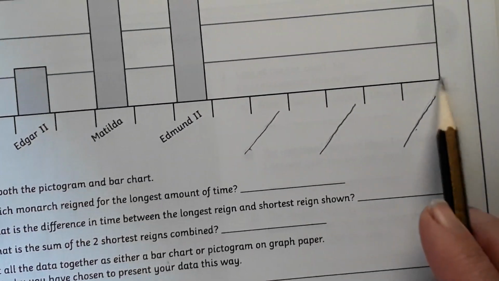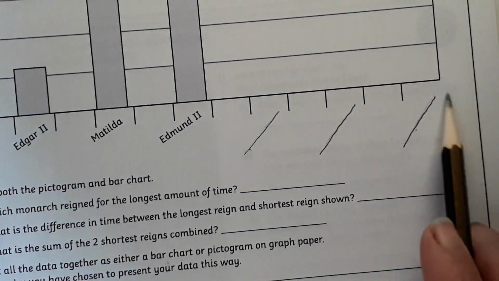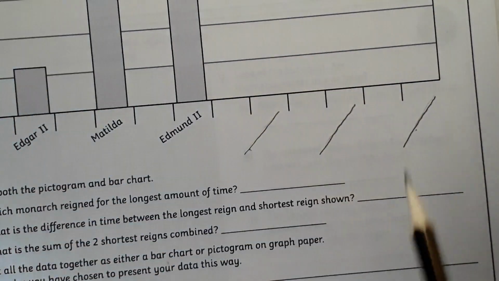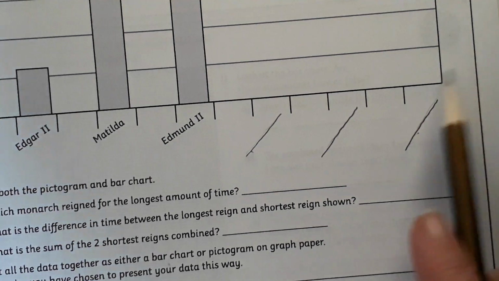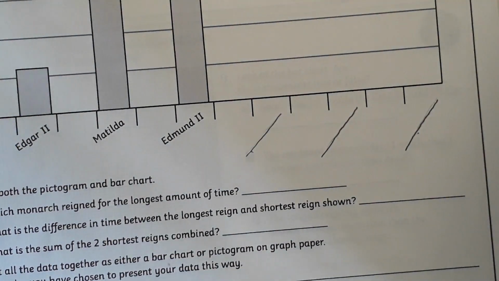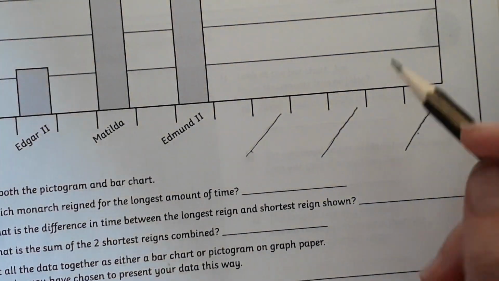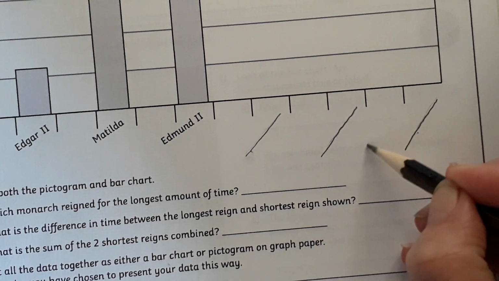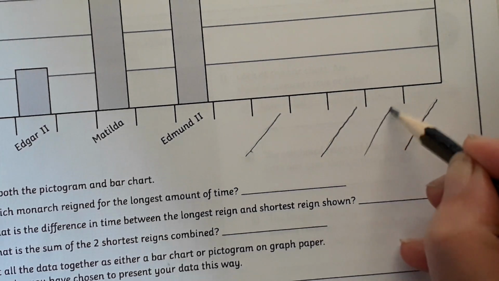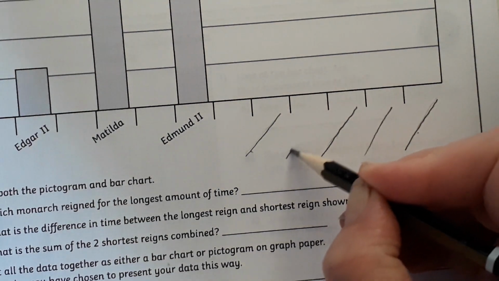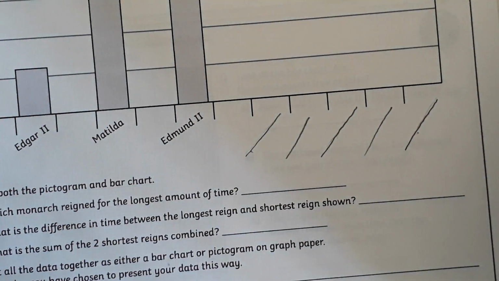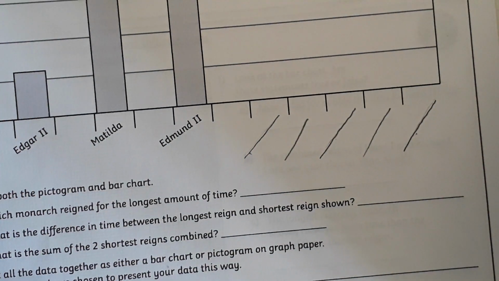Well, you could either extend your bar chart, so you could cut it out, stick it in, extend it on the page, or you could add those between the 2 end columns, or 2 end bars.